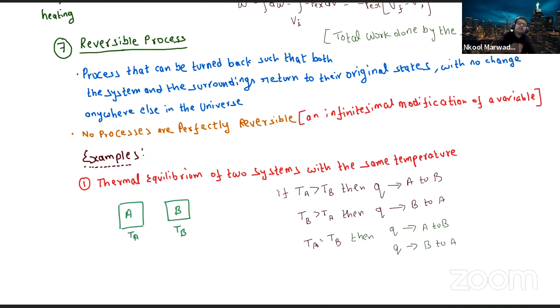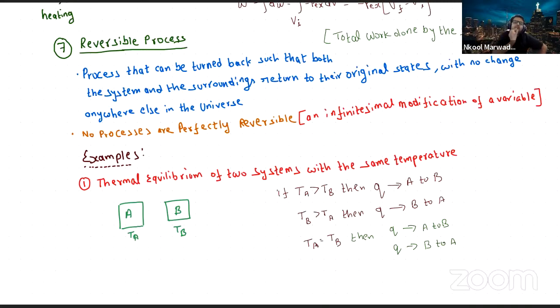So the idea is, see, TA is equal to TB. Perfect equality is a hypothetical situation. If body A has a temperature of 100°C, then body B having exactly 100° is not possible. There will be 100.01, 100.0001.